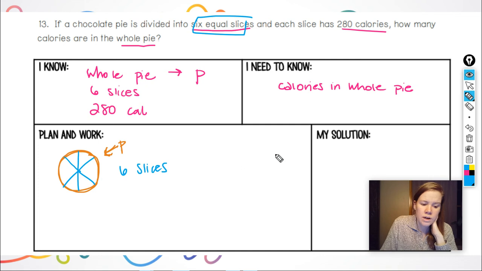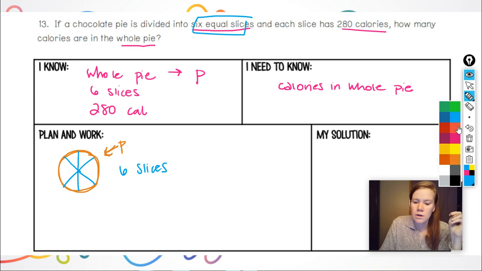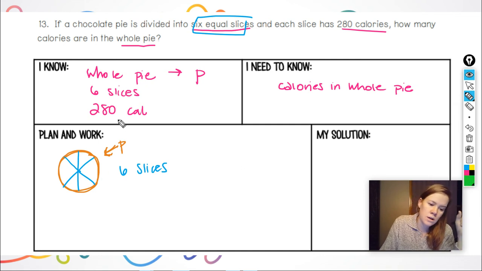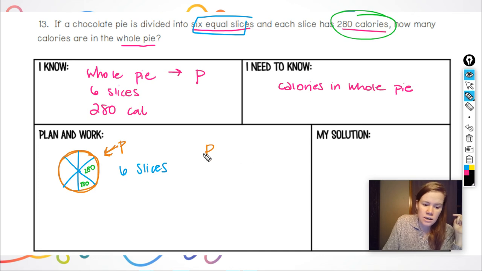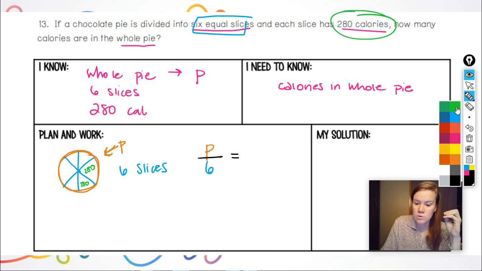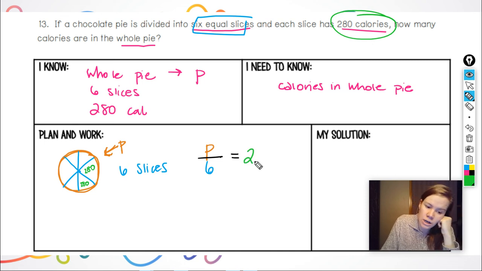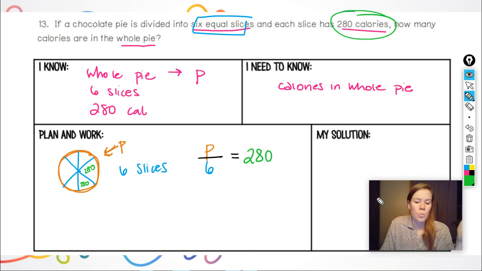So what I've done is I've taken the whole pie, I've split it into 6 slices, and I'm told in the problem that each of these little slices is 280 calories. 280 calories, right? So when I start with the whole pie and I divide it by the 6 slices, what I get is 6 little individual slices that have 280 calories in them. So how many calories are in that whole pie?